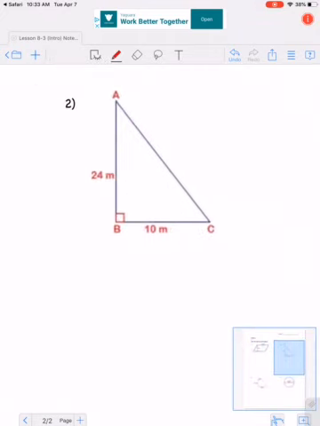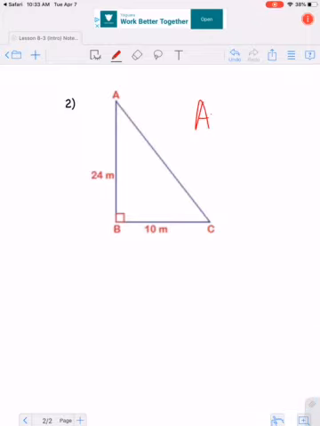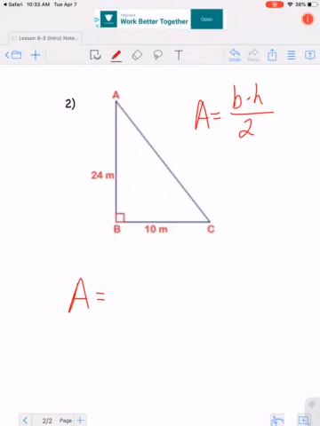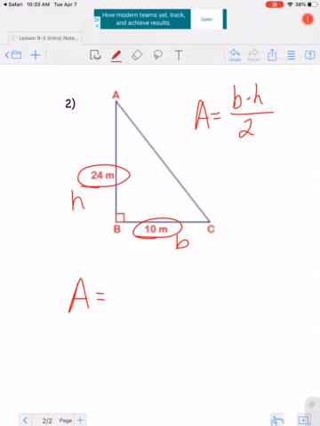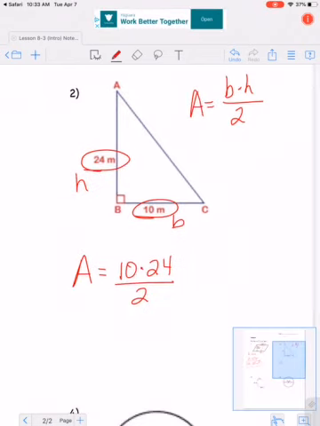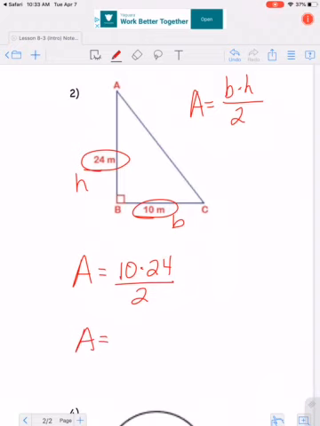Okay, number 2, we have a triangle. Remember, our formula for a triangle is base times height divided by 2, or you could do 1/2 and then your base times your height. So for our area, we have our base of 10, that's our B, and our height of 24, so we have 10 times 24 divided by 2. 10 times 24 is 240, divided by 2.